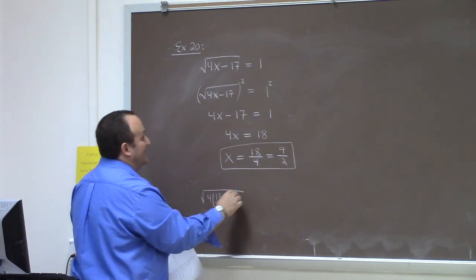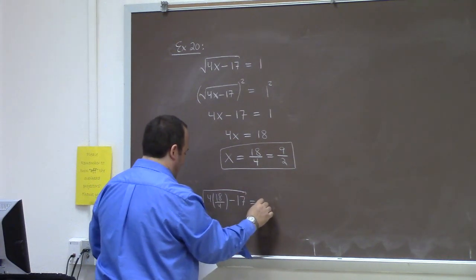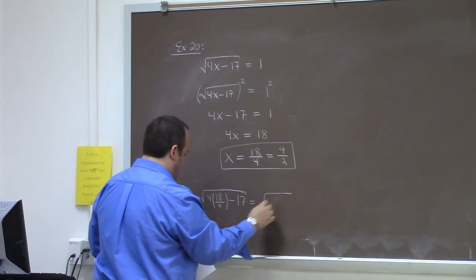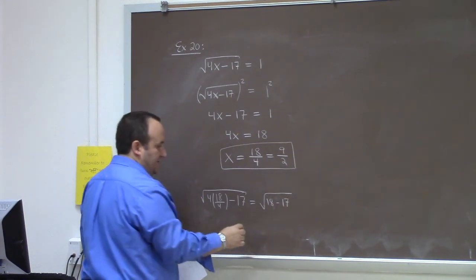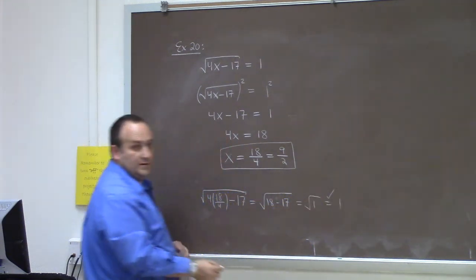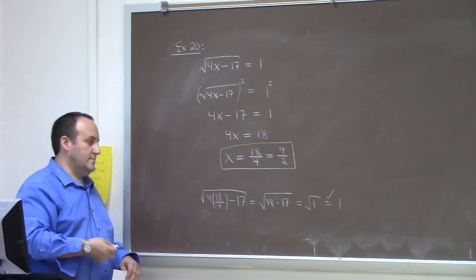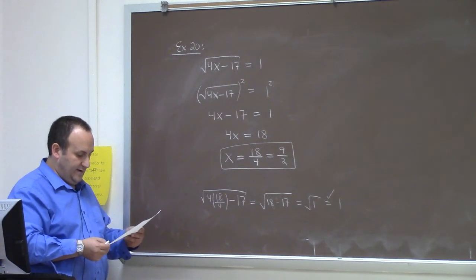I don't care for those mixed numbers, they're bad news. So this is 18 minus 17, which is square root of 1, which is 1. So as you can see, the solution is in fact a solution. All right, now that one was not too bad.